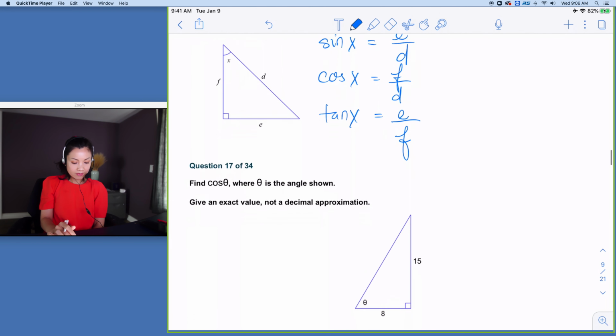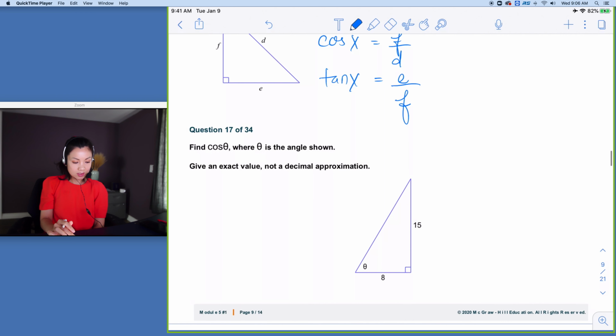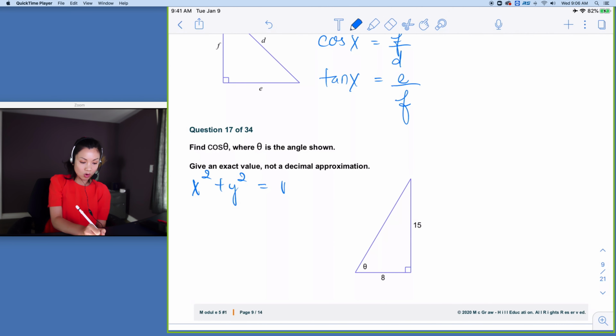All right, number 17. You see right here, we want the exact values, not the decimal approximation. So notice that this is a right triangle. For a right triangle, we have x squared plus y squared equals r squared. We have x, we have y, so we're looking for r. So the first thing you need to do is figure out r.